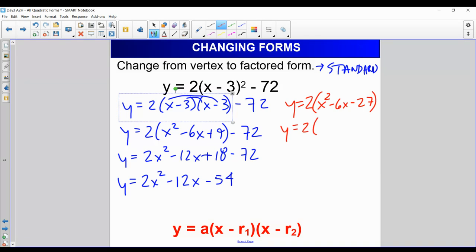So I'm looking for two numbers that multiply to be negative 27, add to be negative 6. So I know I need minus 9 plus 3. So there we are in factored.